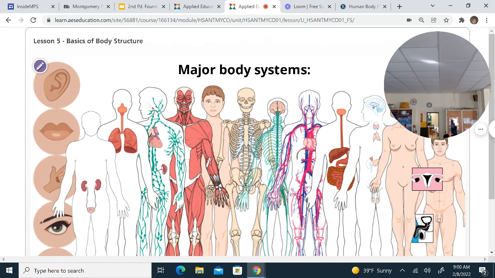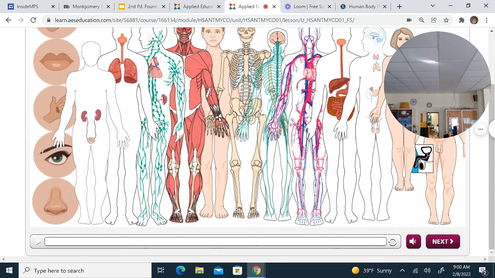You will learn about each of these systems in this module. Which we're not going over all of them. We're going over skeletal, muscular, respiratory, cardiovascular, and reproductive. We're not going to have time to go over all of them.